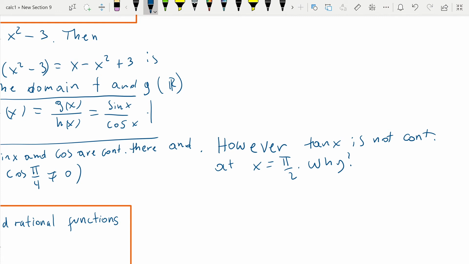Cosine and sine are continuous everywhere, in particular at that point.